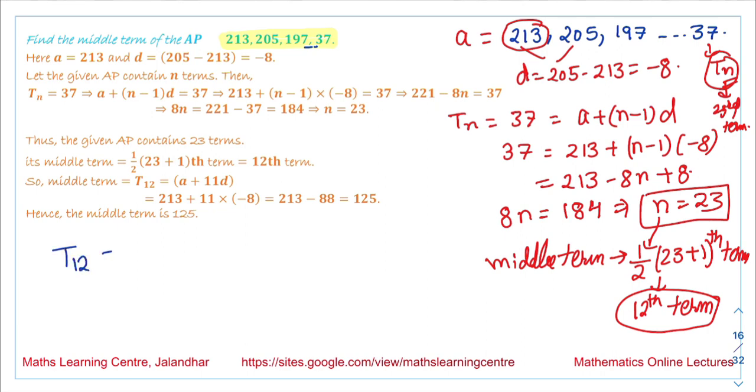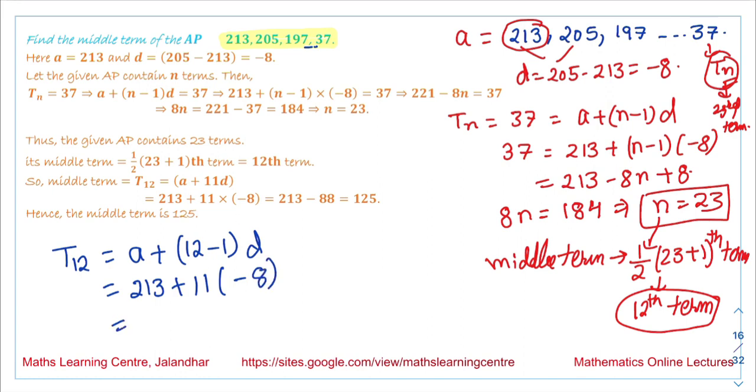So we are talking about T12. This is A plus 12 minus 1 D. The value of A is 213 plus 11 into D, and the value of D is minus 8. So it is 213 minus 88, that is equal to 125. So we are saying the middle term of this AP is 125.